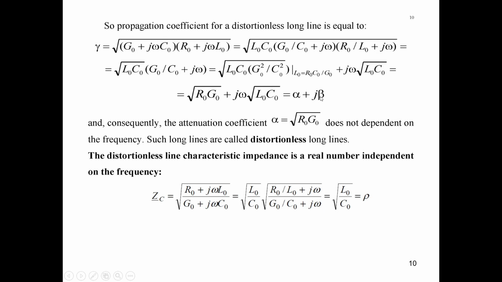And the phase coefficient equals the square root of L0 C0, and it does not depend on frequency also. So in such a case, if the attenuation coefficient does not depend on frequency, signals of all frequencies will propagate through such a transmission line without distortion. So such a line is called a distortionless line.